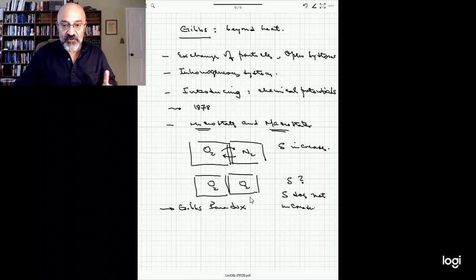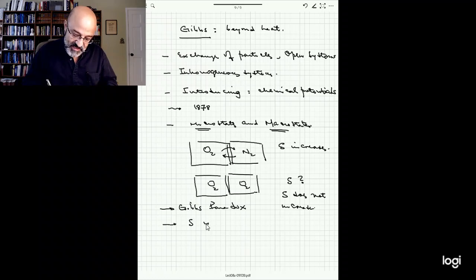So he was very aware that S is a property of the macrostate.